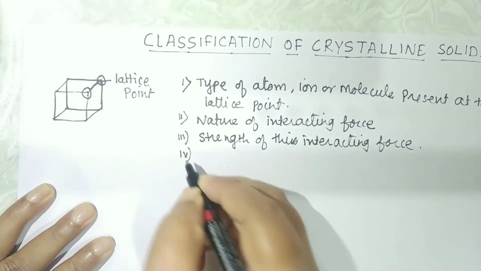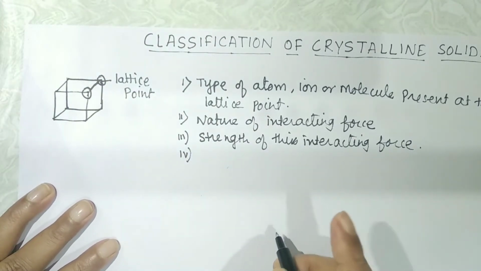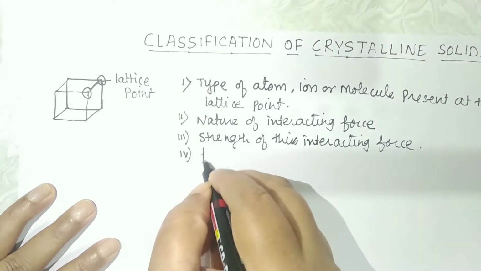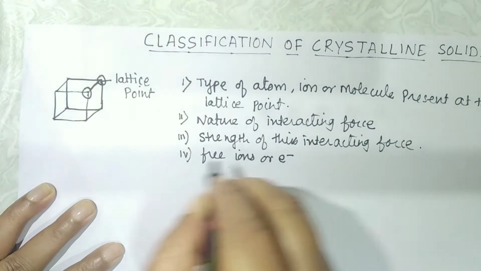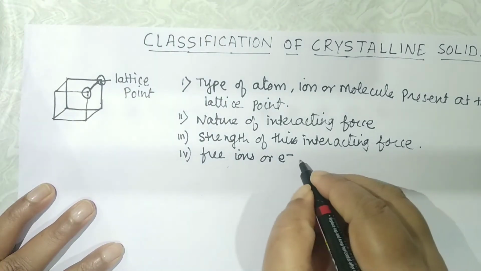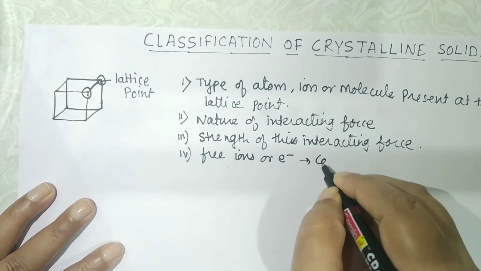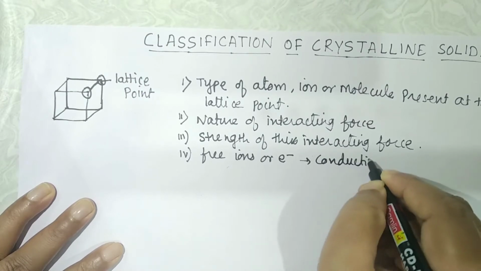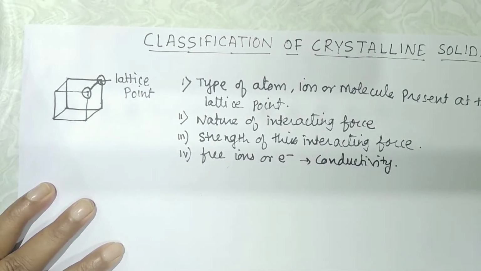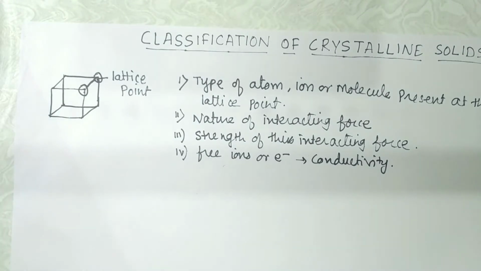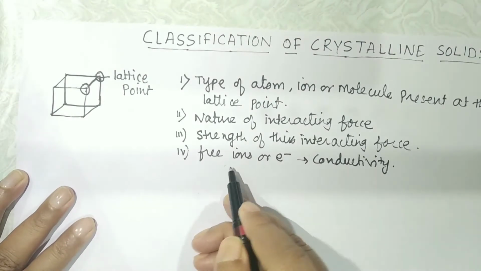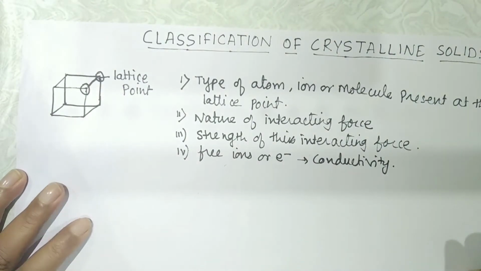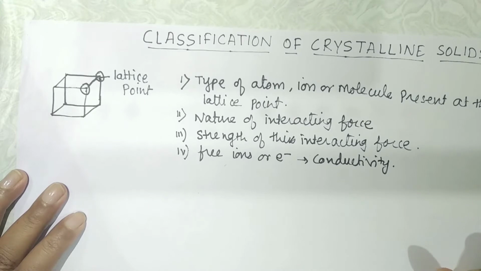And fourth, but very important, point is you have to check if there are free ions or electrons present in the crystal structure so that you can predict its conductivity. Very important to note that any crystalline solid conducts electricity only and only when there are free ions or free electrons. Then only I can say that it is a good conductor or a bad conductor of heat and electricity.